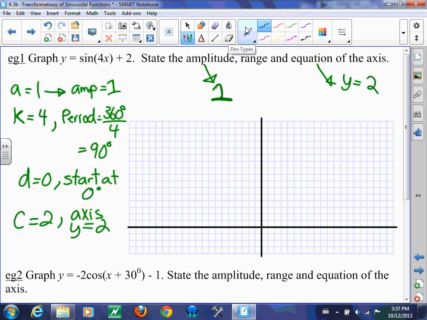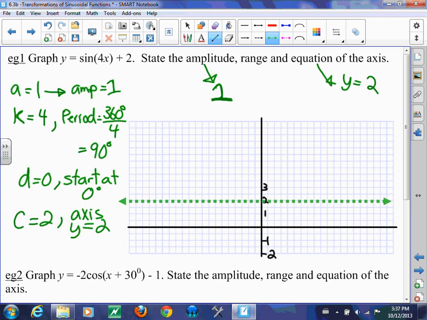So for my scale, why don't I let this be 1, this be 2, and this be 3. Likewise, this is going to be -1 and -2. Before I do that, I'm going to get my axis in. I'll just use a different color here. So there's my axis. That's where I'm going to have my symmetry go about.